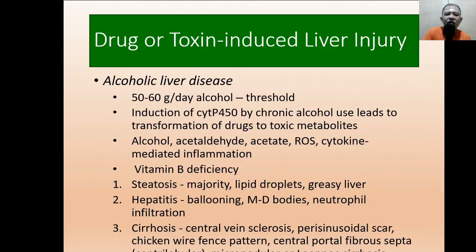The most common toxin that we're talking about is again alcohol. What alcohol does is it induces cytochrome P450, which leads to the transformation of drugs into toxic metabolites.